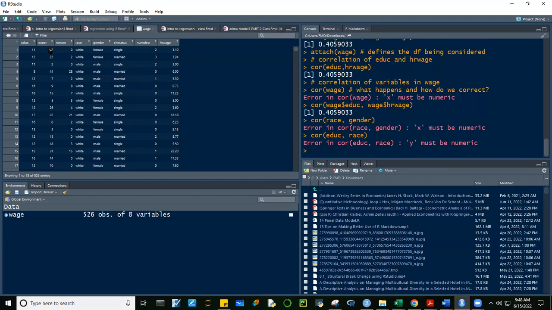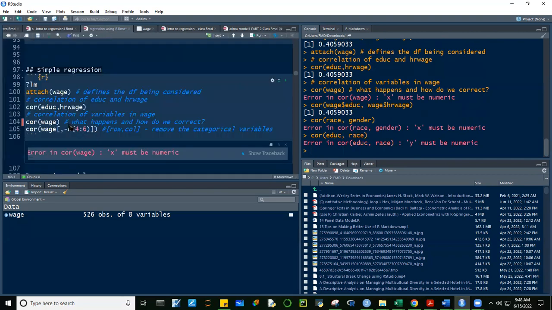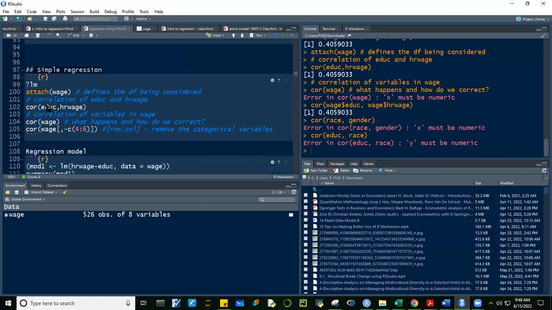Okay? So, yung code natin na to, correlation ng wage, error siya kasi may mga categorical variables dun sa wage, no? So here, correlation ng wage, ang ginawa natin, sinubset natin, tinanggal natin yung columns 4 to 6.